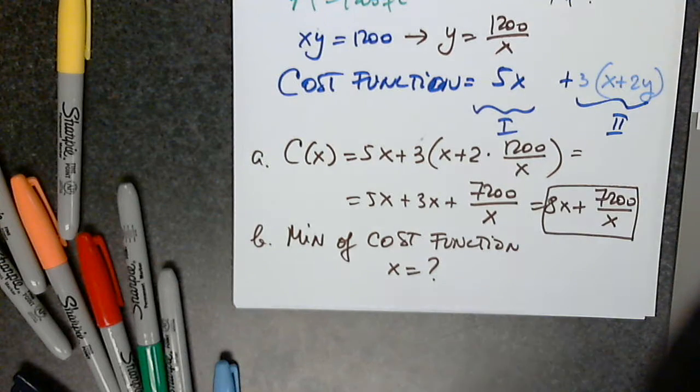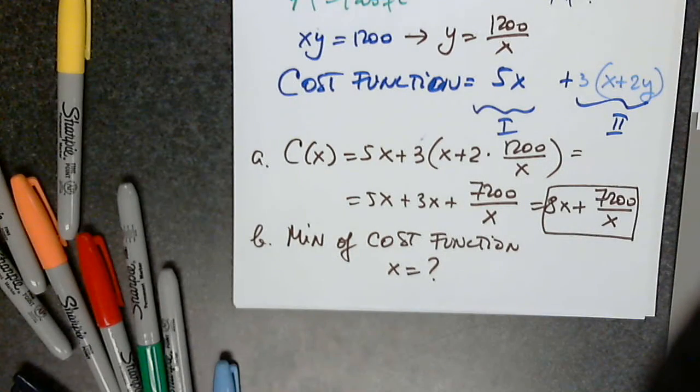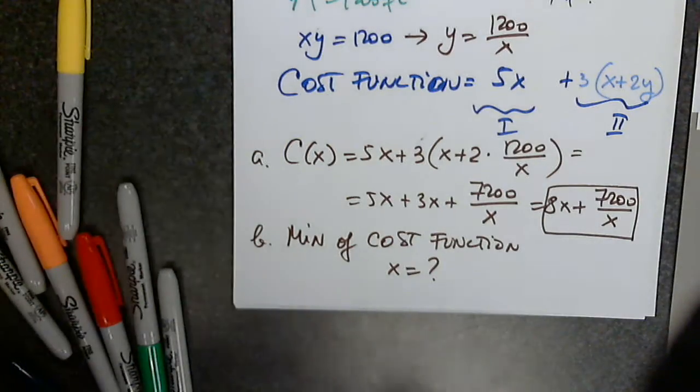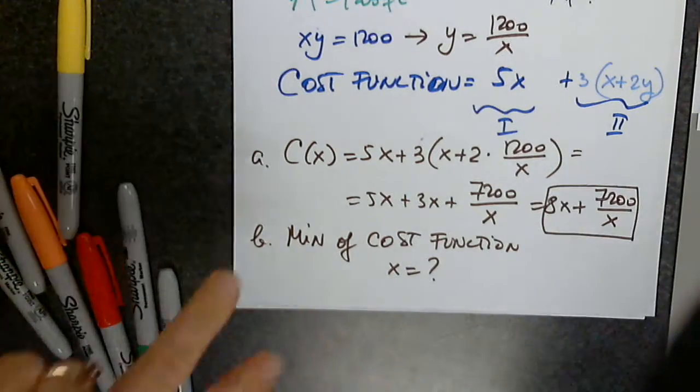So every time I put a function in the graphing calculator, I have to ask myself, okay, what is its domain? Right? So let's analyze this because I don't know where to look for the minimum. So, okay, obviously X is a length. It must be greater than 0. That's one thing.